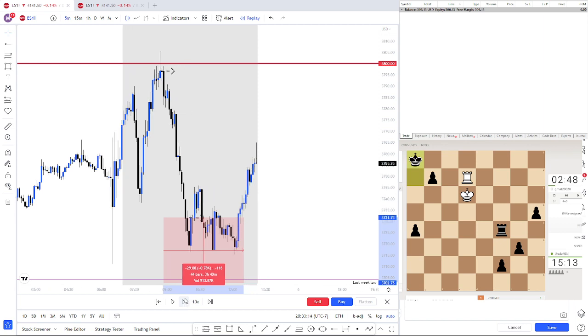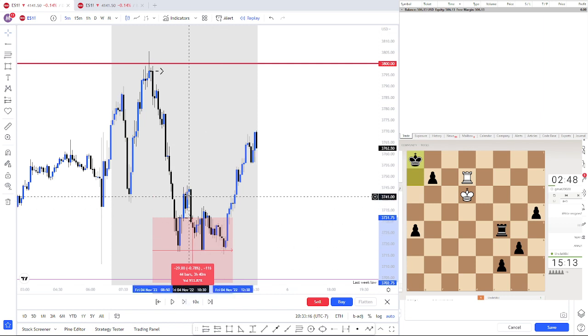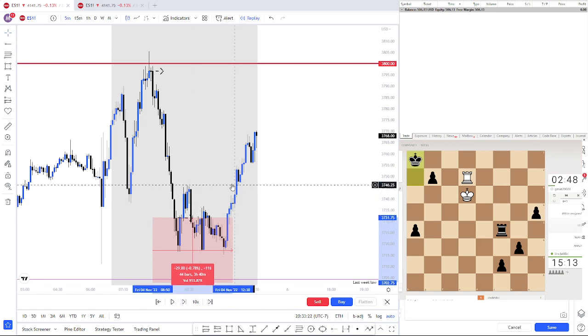Oh, we are, structure, structure, structure. Boom. When structure starts to form at the bottom, pray to God it breaks down when you're on a downtrend.